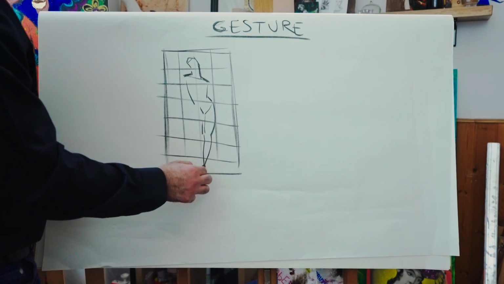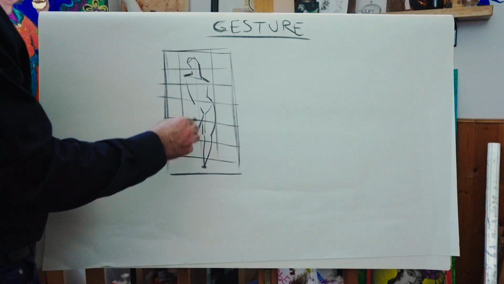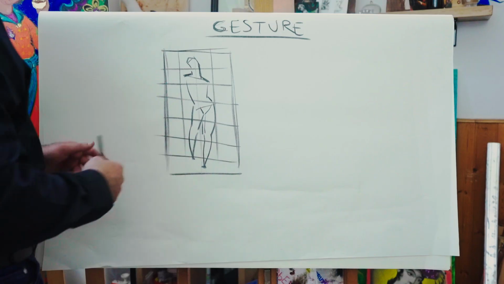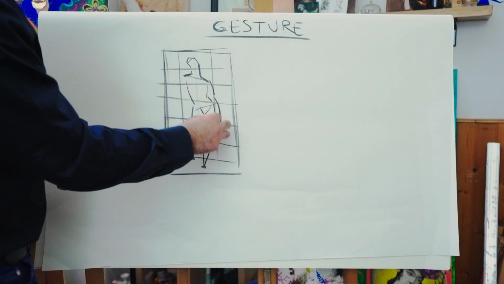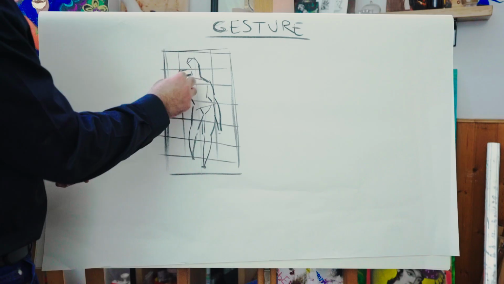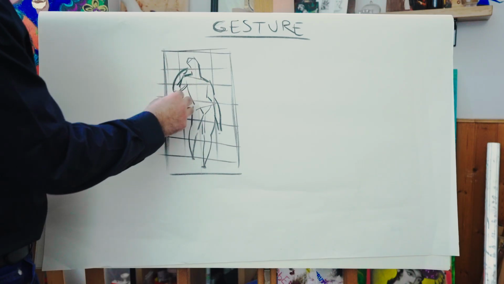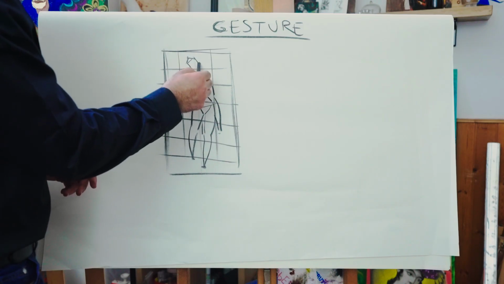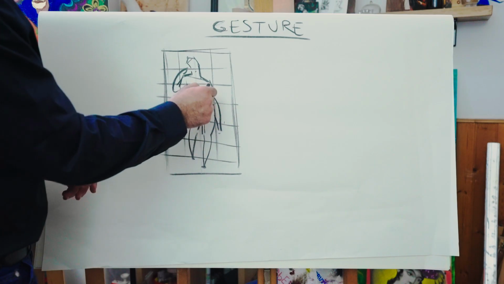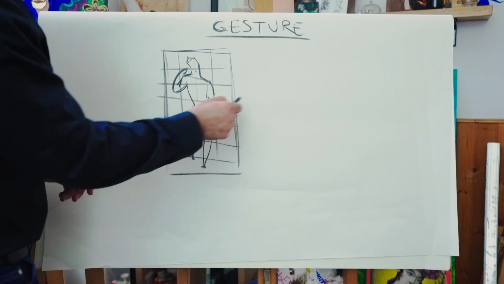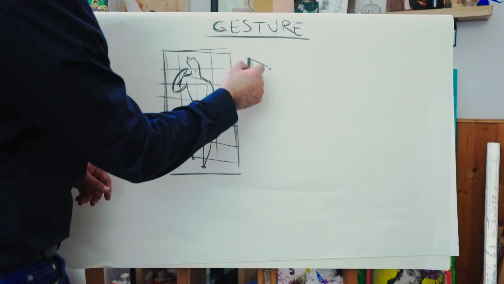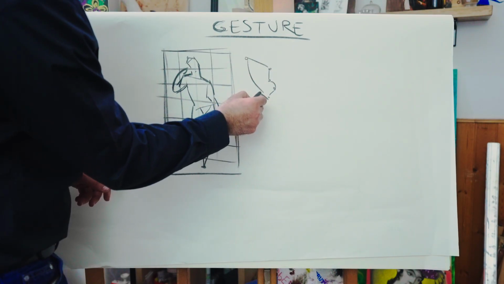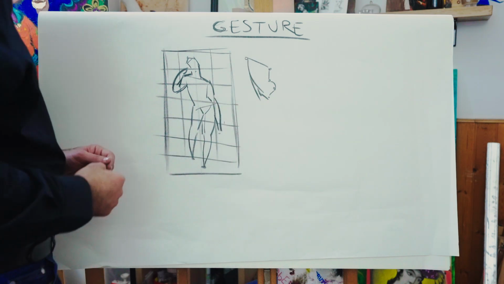And already I'm doing my gesture drawing. Please notice that we have all these extremities, these dots, for example, in the shoulder. As I told you before, like constellations.